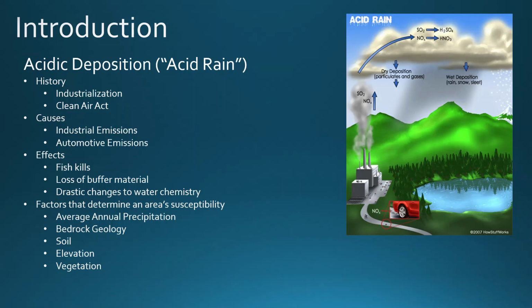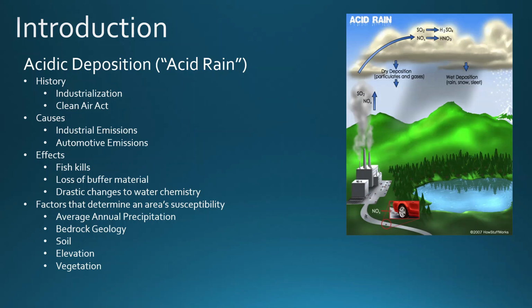are responsible for nitrogen oxides being released into the atmosphere. Another piece of important history regarding air pollution in general, but more specifically acidic deposition, is the Clean Air Act. So the Clean Air Act of 1970 was a follow-up to the 1967 Air Quality Act, which authorized the enforcement of procedures for minimizing air pollution. It was really a landmark set of laws and policy that was part of that big environmental revolution through the United States government.